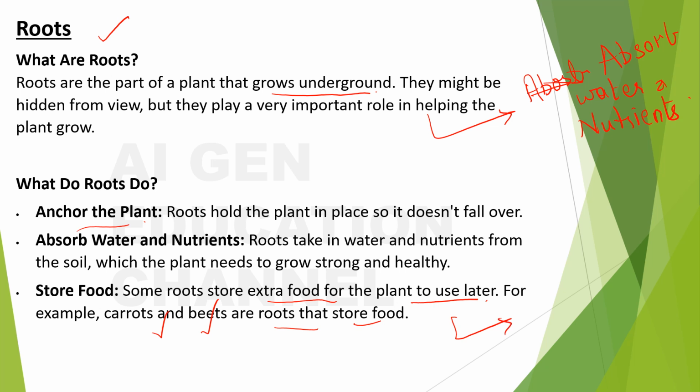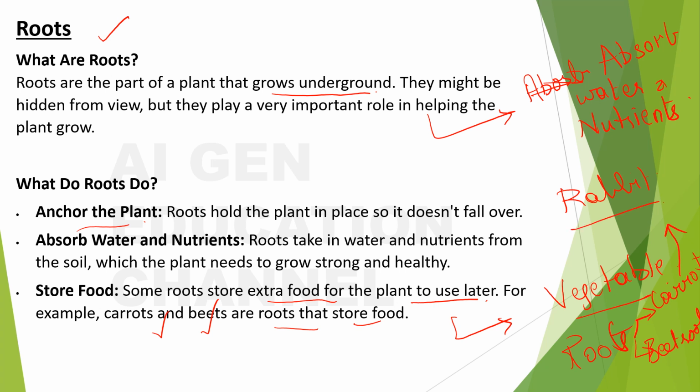Now don't think that we eat only vegetables and fruits, right? We even eat roots. So carrots and beetroots are the roots that we eat. They will be under the ground. You might have seen in rabbit cartoons, the rabbit will pull the carrot from under the ground and eat it.